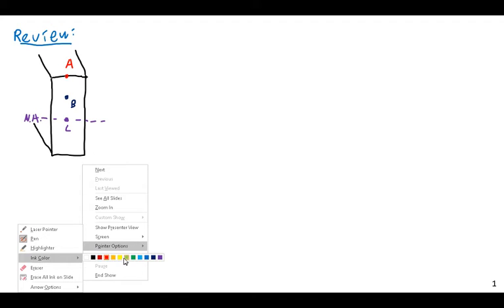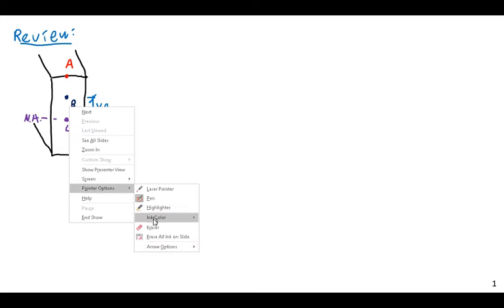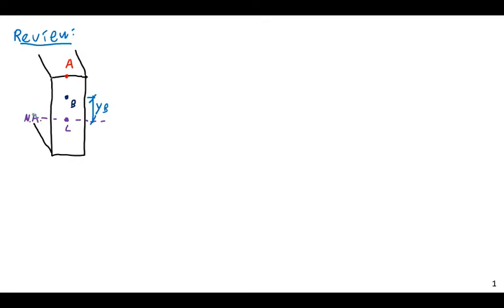We should keep in mind a few variables. One, y_B, which will be the actual distance from the neutral axis to point B. And then c, which is the same c we always have as a variable. This is the distance from the neutral axis to the outermost fiber in the beam.